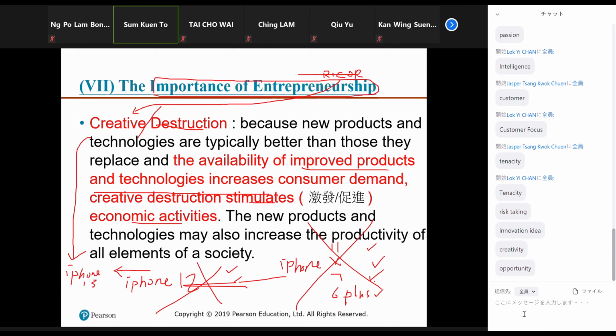So this is what we call creative destruction. I will show you some more examples later on. And because of this, as an entrepreneur, because you have creativity, you create something new. Actually, at the same time, you are destroying something old, but still in good condition. So this is the meaning of creative destruction.